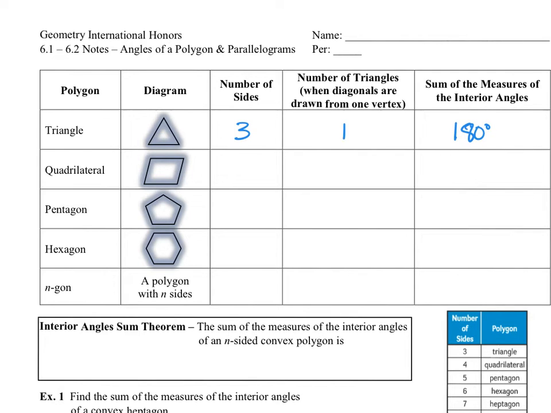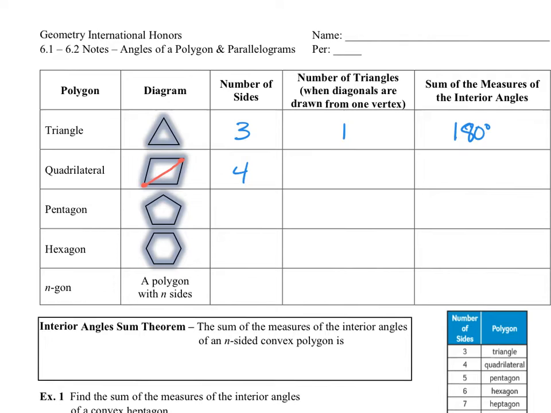So now let's take a look at this quadrilateral. Quad means four, so the number of sides of a quadrilateral is 4. And so what we're going to do is choose one vertex, and then draw all possible diagonals from one vertex. So let's just choose this vertex. Now, a diagonal is a segment whose endpoints are non-consecutive vertices.